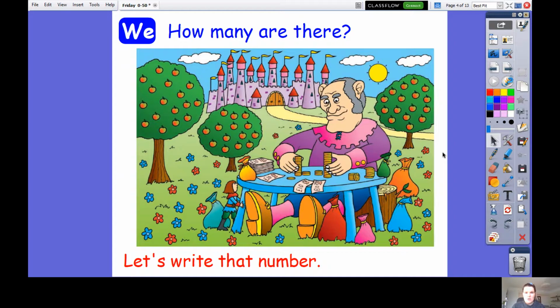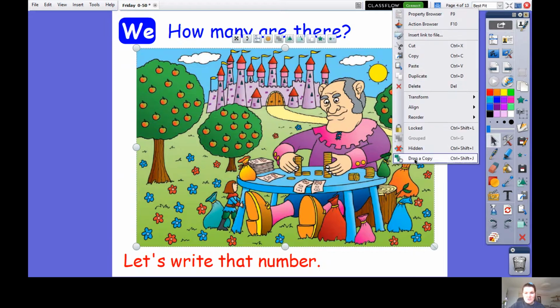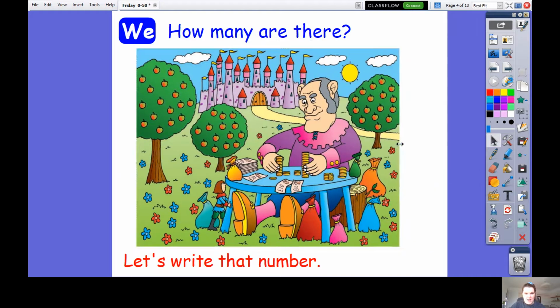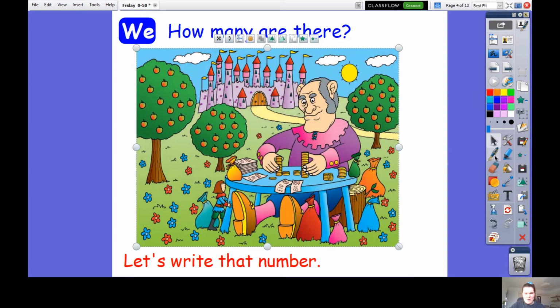Okay, I would like you to count firstly the bags of money. Okay, put me on pause. Count the bags of money. Fantastic. You should have been able to see how many bags of money there were. And if I was to write that number, what number would I be writing?